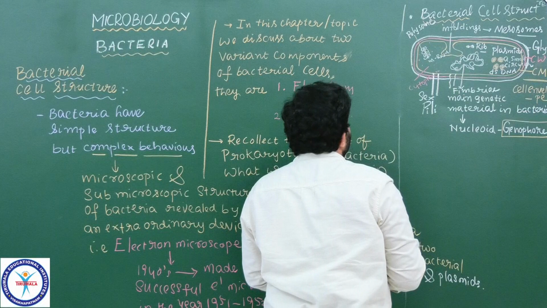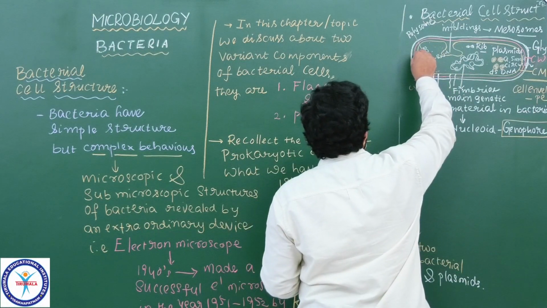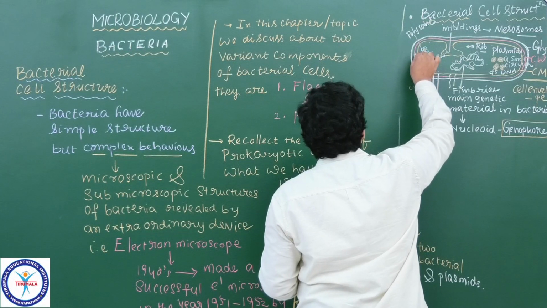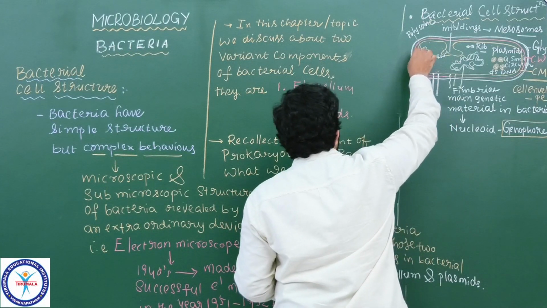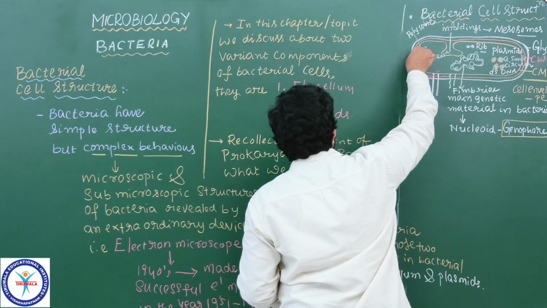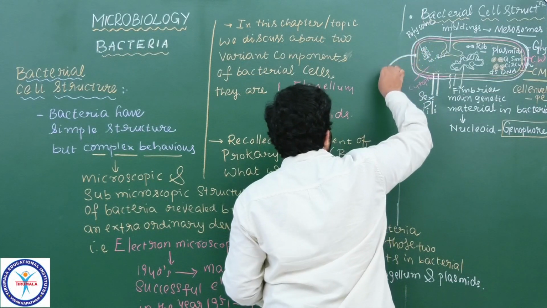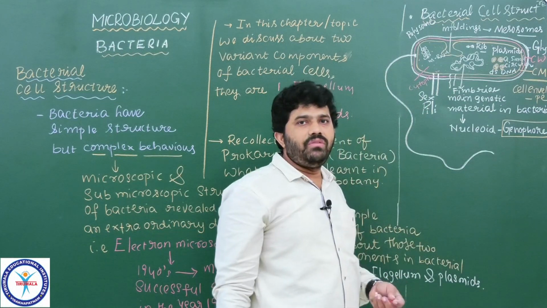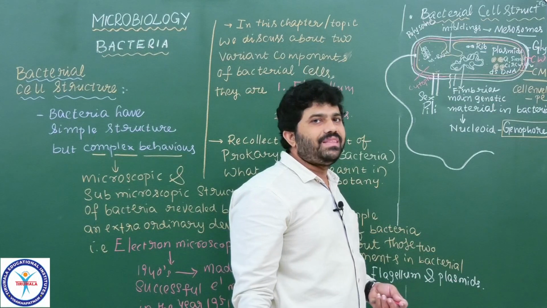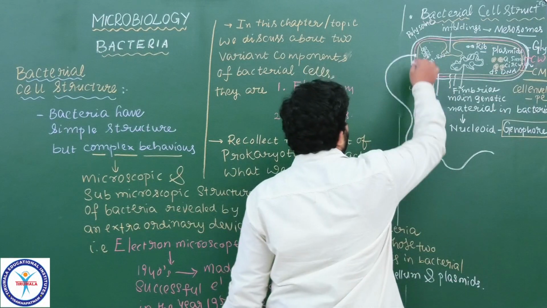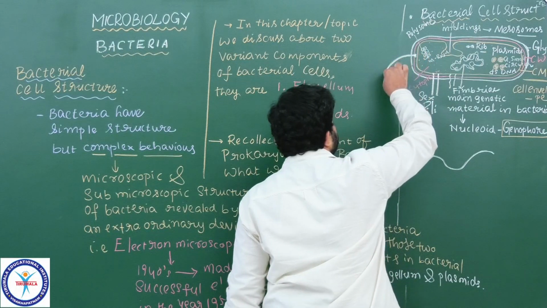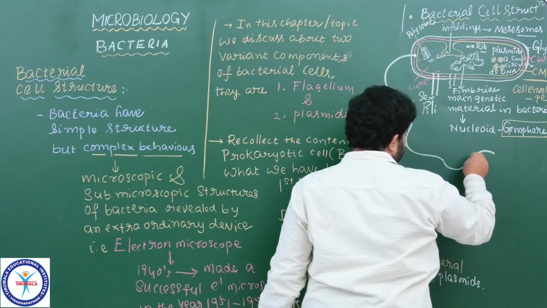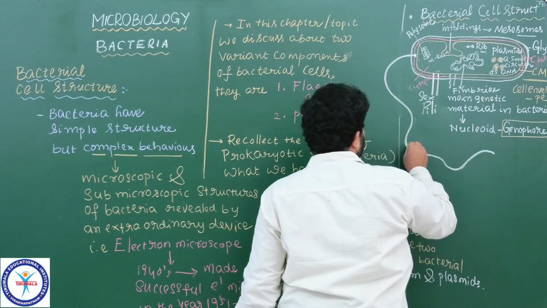After that, starting from the cell membrane across the cell wall, a structure develops and comes out of the cell wall towards the outside. A long whip-like or thread-like structure, a filamentous cylindrical structure, comes out of the bacteria for motility or movement.